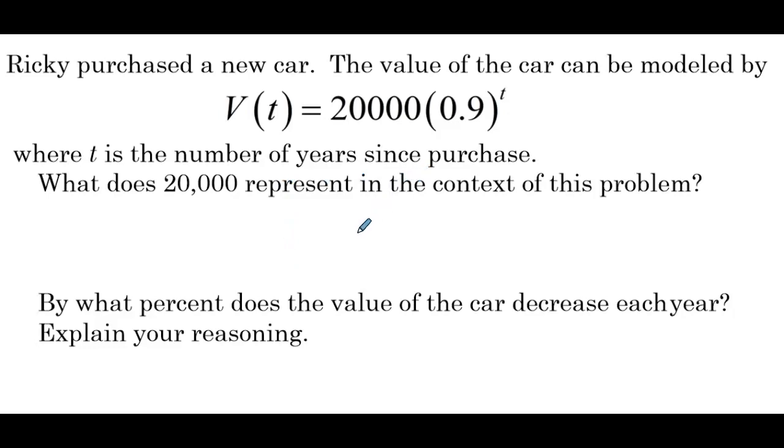And in the context of this problem, that value is the purchase price. It's how much Ricky bought the car for. So it's the purchase price of the car. Right? 0 years that he's owned it, so when he bought it, the car was worth $20,000.